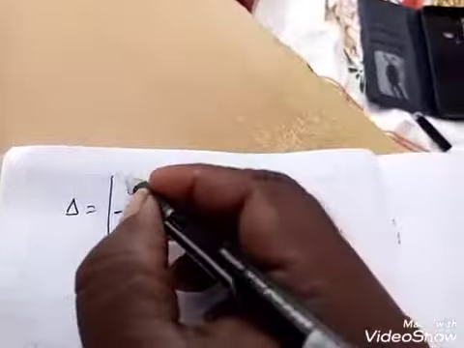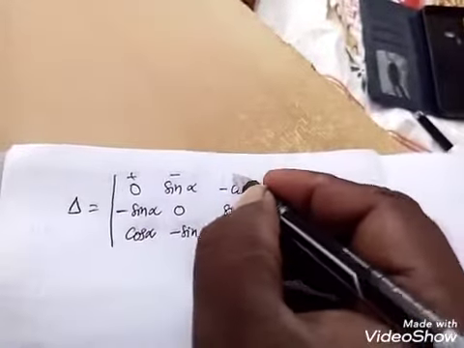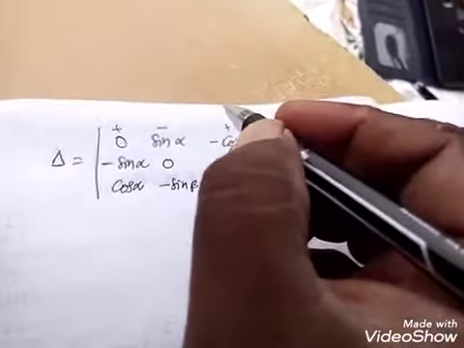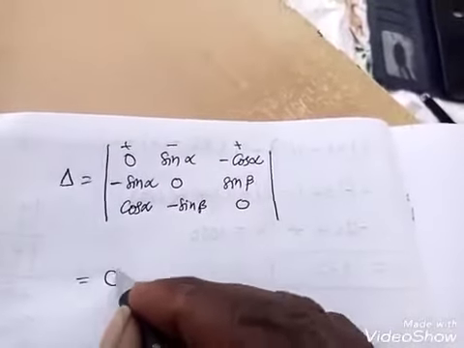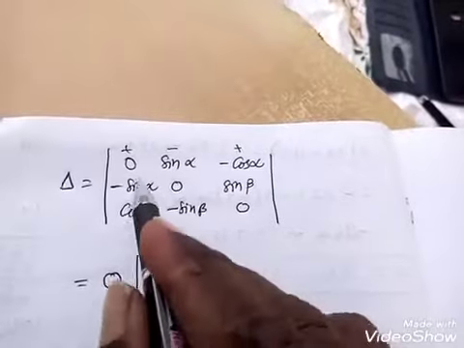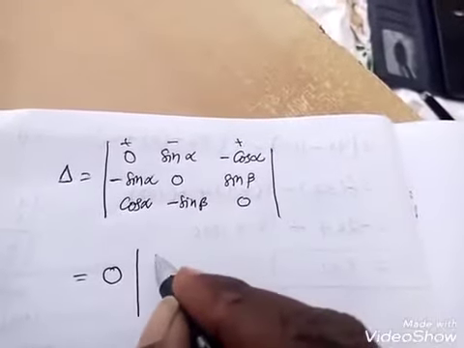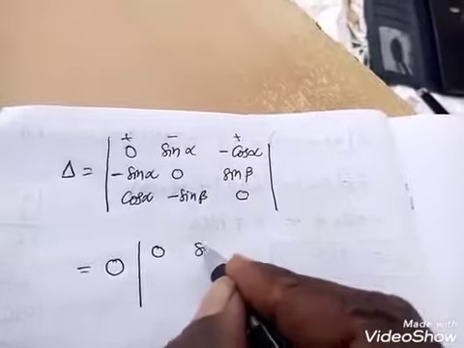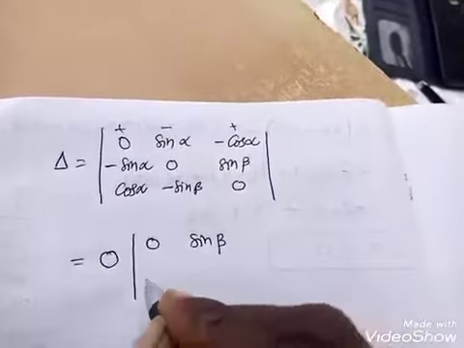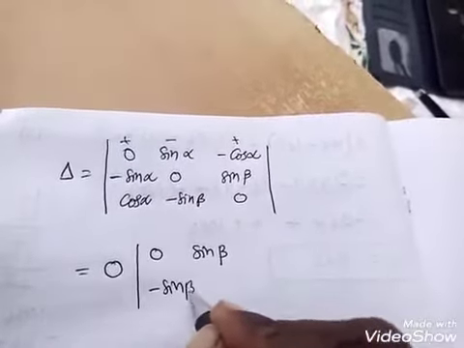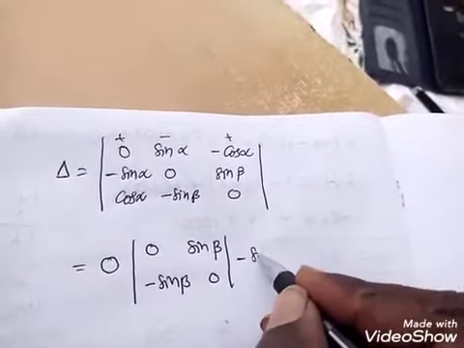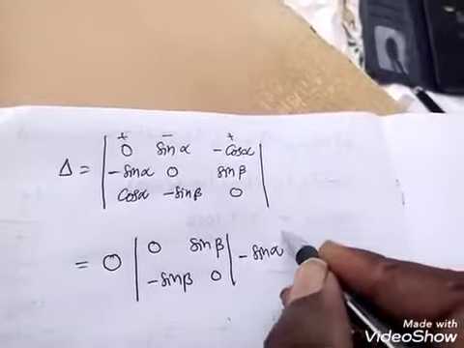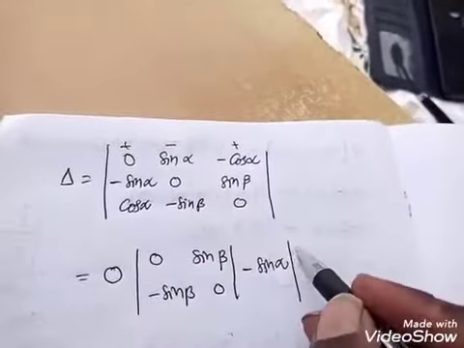Now this one, this become plus, minus, plus. Already I said, no, minus 1 power i plus j. Like that if you expand this one, 0 into det of, remove that row and column. If you remove that row and column, what are you going to get? 0 sin beta, minus sin beta and 0. Next, minus sin alpha, and remove that row and column. If you remove that row and column, what are you going to get?